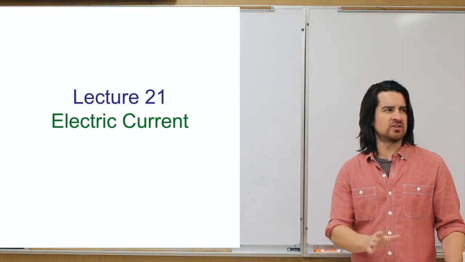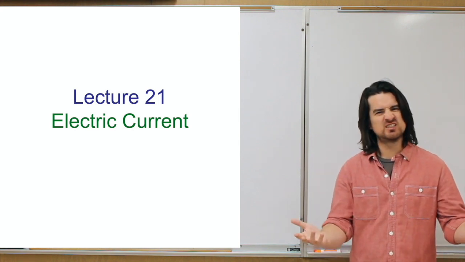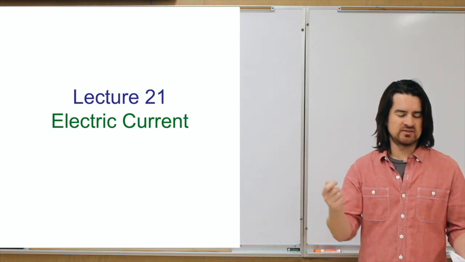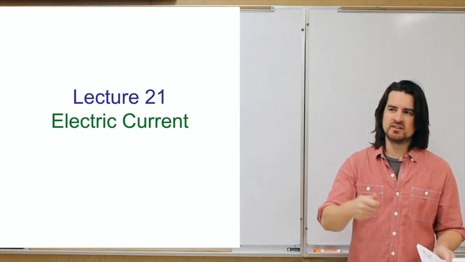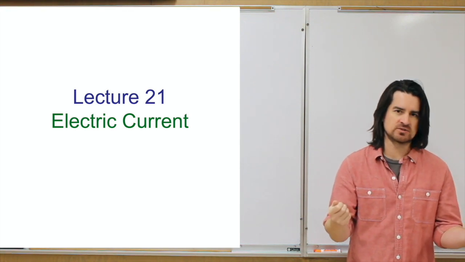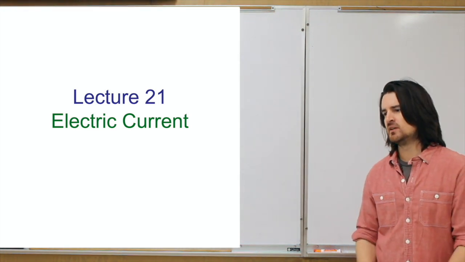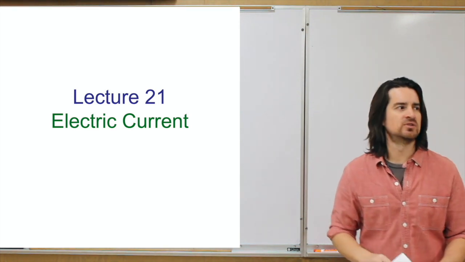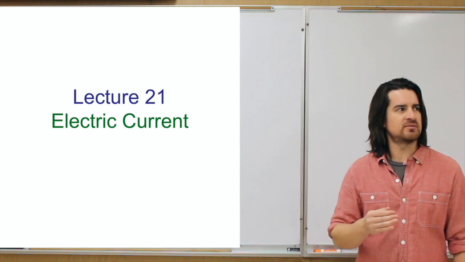We looked at things that became charged because electrons moved, like a rod and a piece of fur that we rub together, giving a negatively charged rod and a positively charged piece of fur. But now they're just static, sitting there.